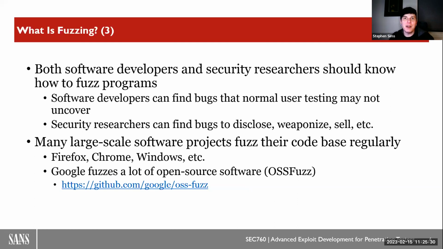I mean, preferably not the bad guys, right? But we can't stop that. We have to acknowledge the fact that they're going to do it. So if the bad guys are doing it, we should be doing it. If we're not, we're doing a disservice. So everyone should be fuzzing.